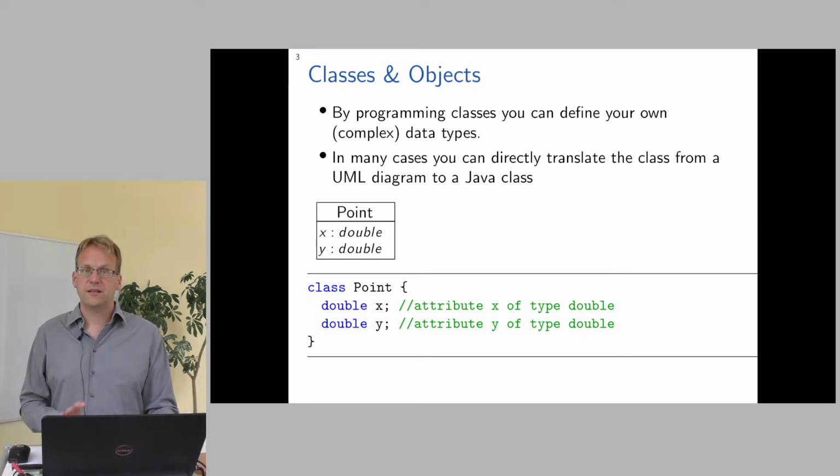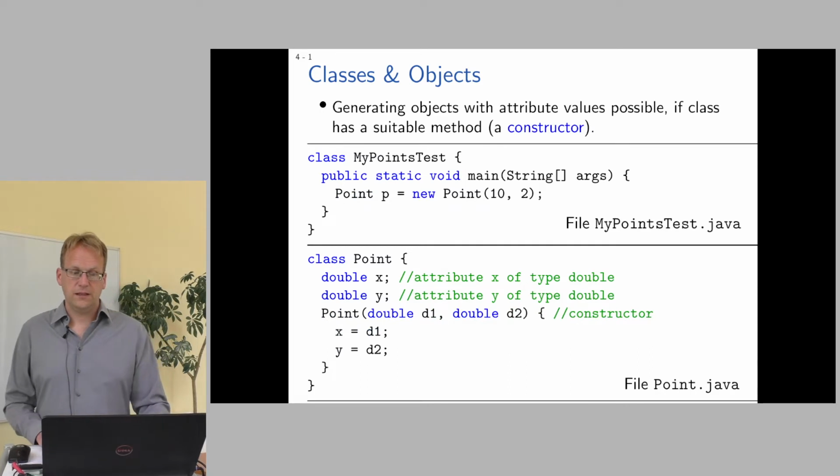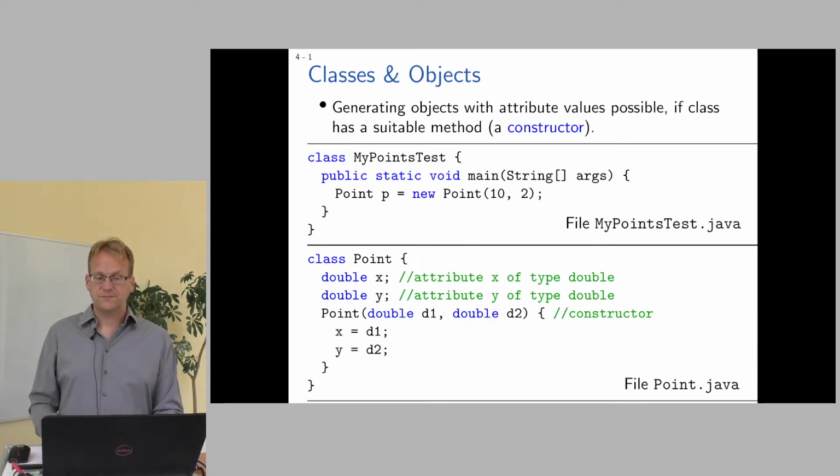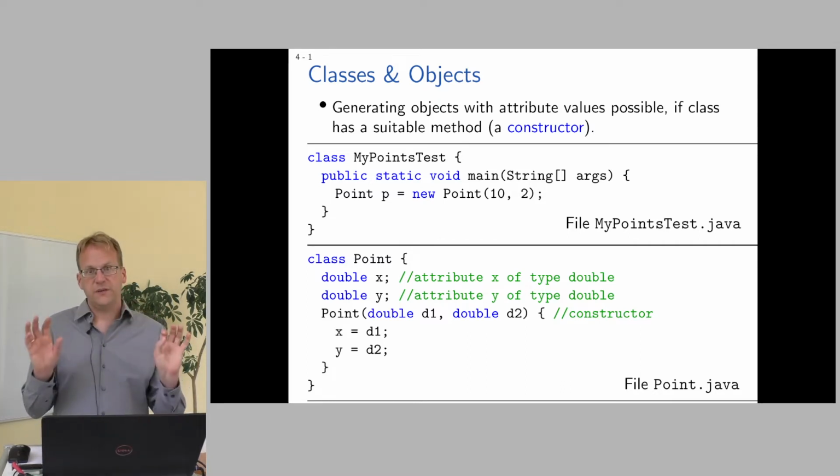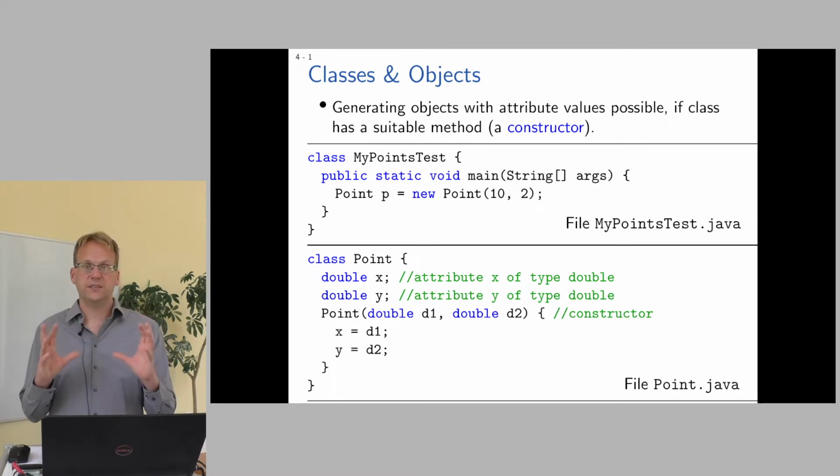We implemented the class Point such that we were able to create objects of that type with x coordinate, y coordinate. And for that we also needed to implement a constructor. The constructor allowed us then to instantiate objects of our class right away with the correct attribute values.